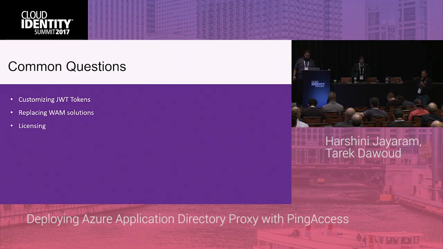When we talk about token mediation, that really is an interim step. That's where you want to be able to have single sign-on between the applications that you've migrated off of a web access management solution and the applications that are still residing on that web access management solution. Using PingFederate, for any of you who are familiar with it in the room, we already have integration with things like SiteMinder, Oracle Access Manager, RSA, Tivoli, and we can create their proprietary session tokens that their agents are still going to read.